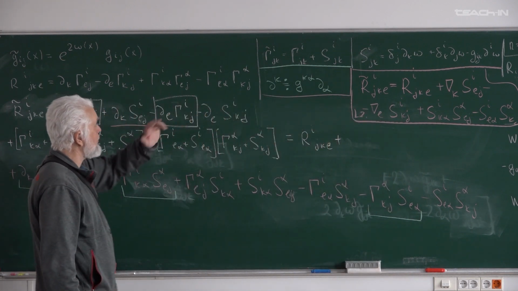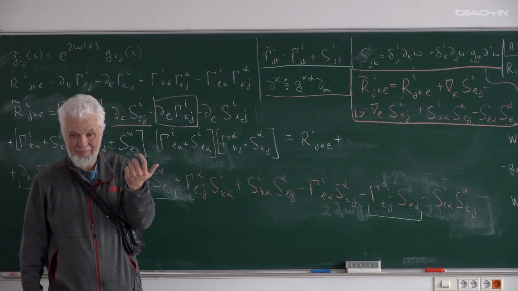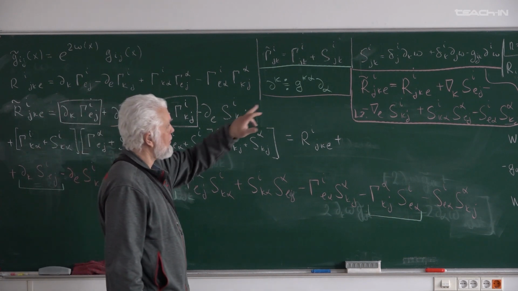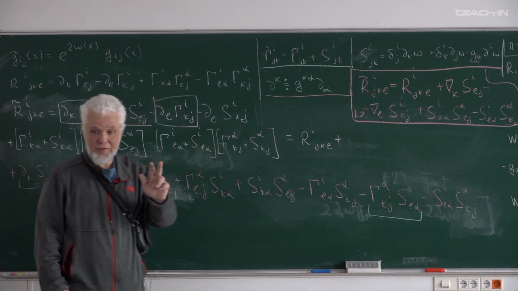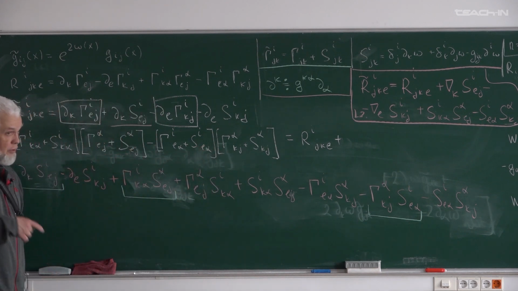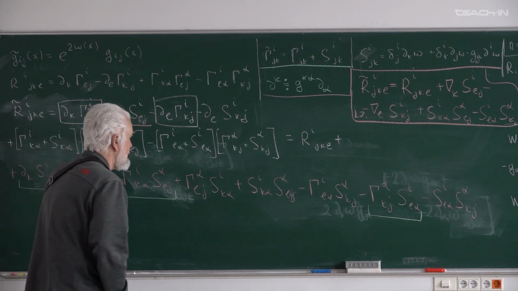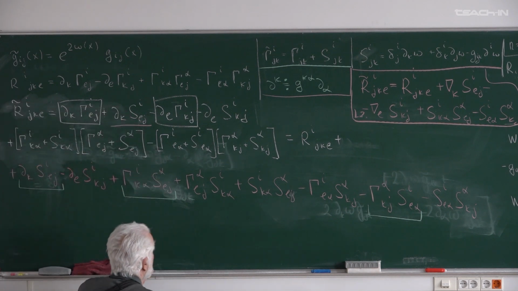By the way, S is a tensor, you understand. S is a tensor. Gamma is not a tensor, but S is a tensor. So in fact it makes no sense to talk about covariant derivatives of gammas, but it's absolutely correct to talk about covariant derivatives of S. So we need an extra term. So let's add an extra term.